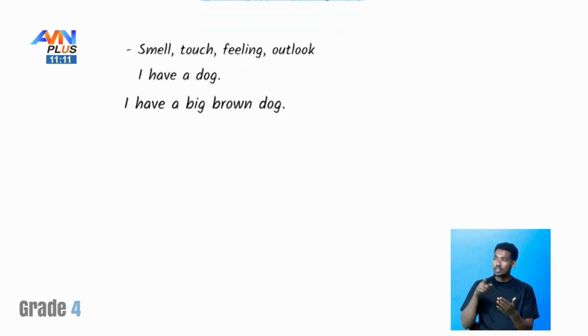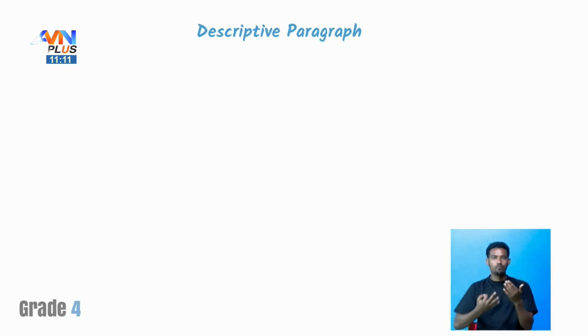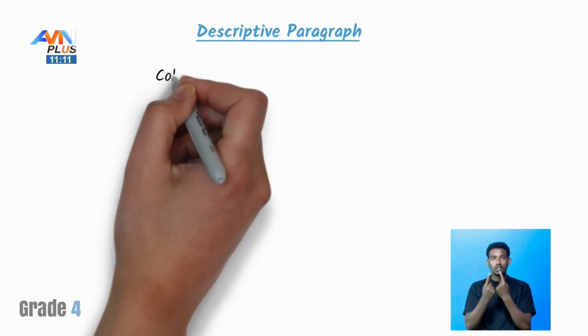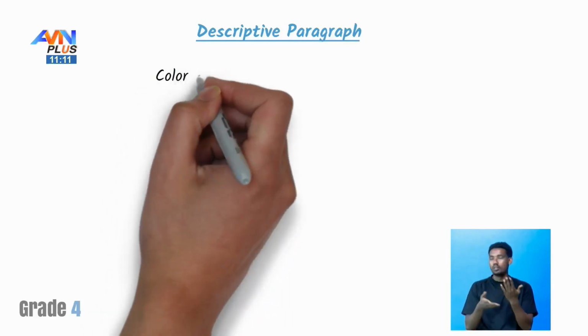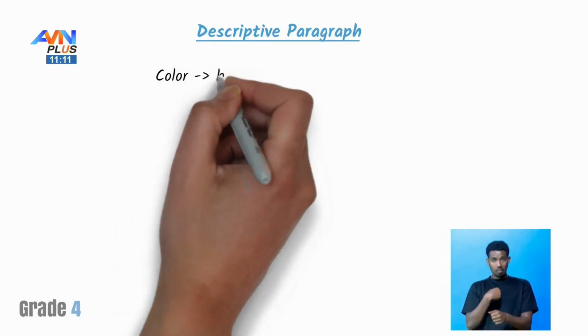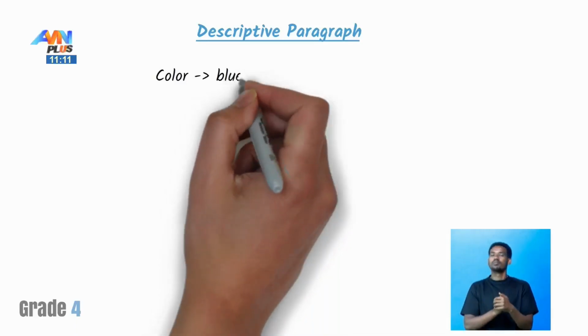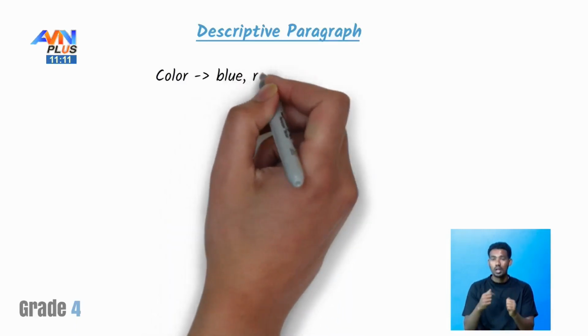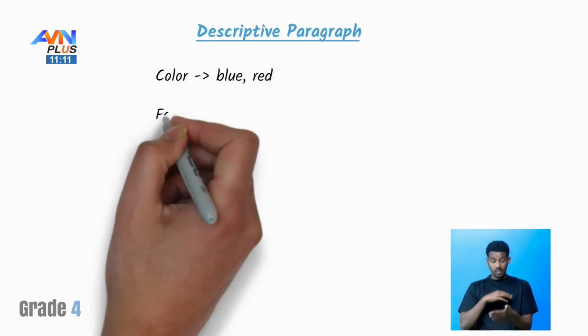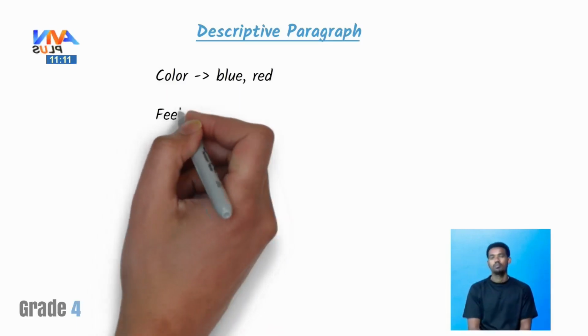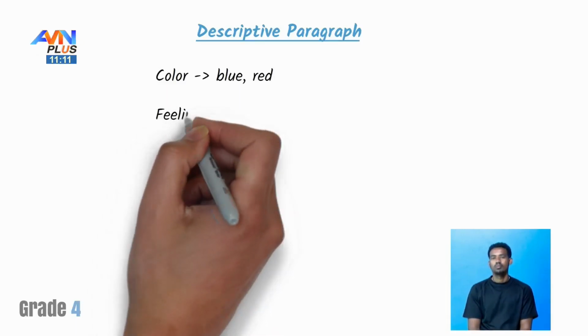The first one is color. When we come to color, we can easily say blue, and we can say red. The next one is feeling.